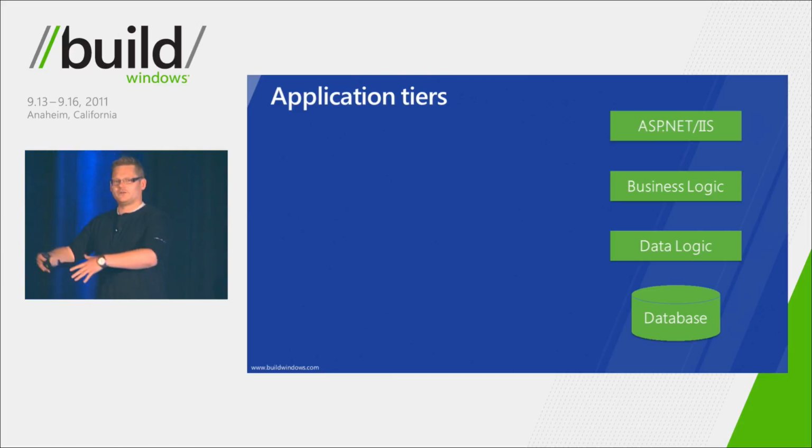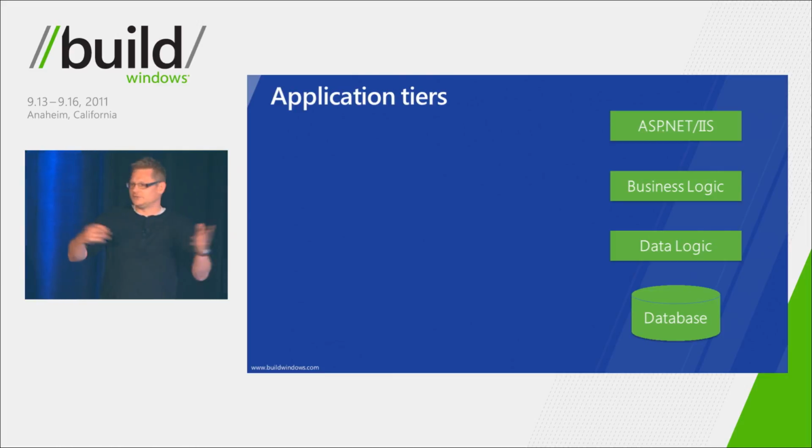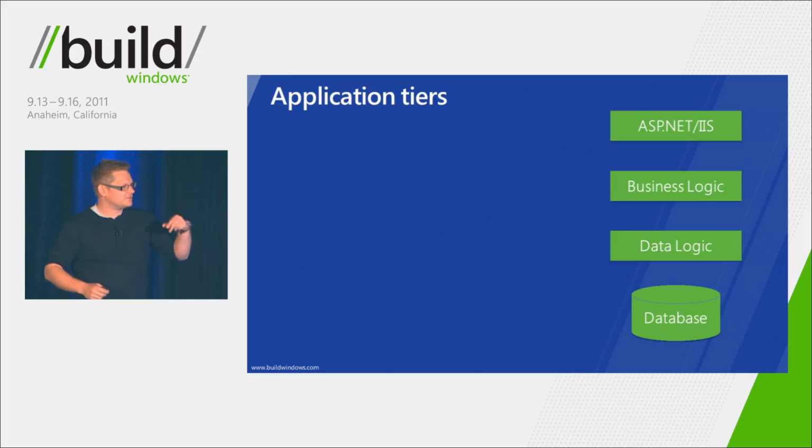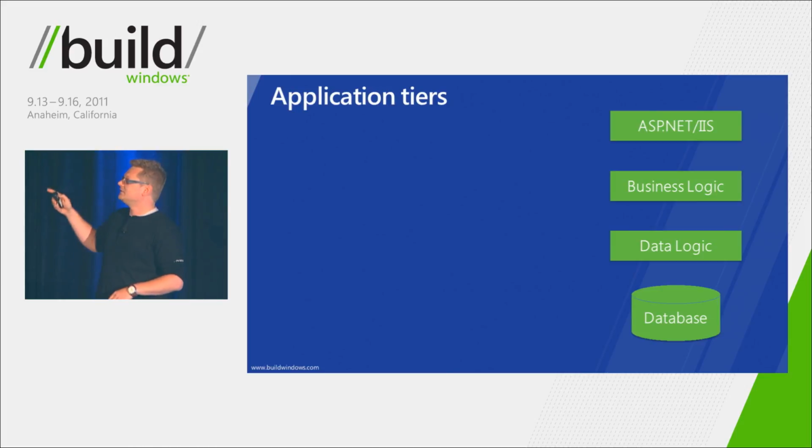If you want to focus on the database, we can do some better indexing, and there's a lot of stuff to be done down there, and maybe do some caching strategies on the business logic layer, and so on. But what we're going to talk about today is the top box. It's only the top box, the ASP.NET and the IIS web server.